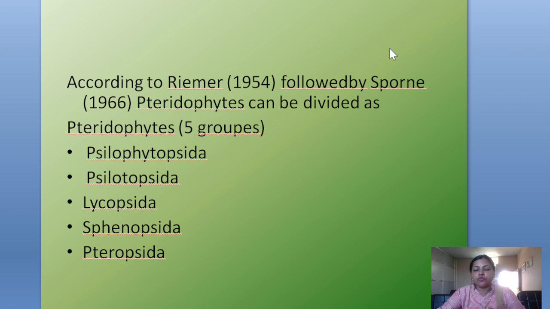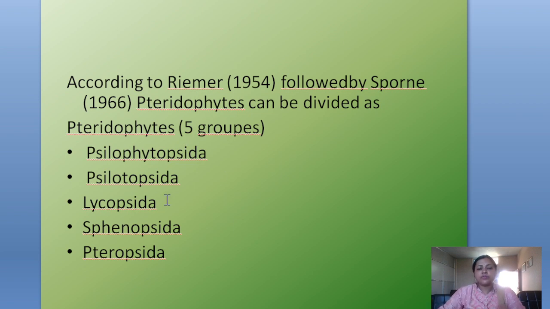I am following the Reimer classification, which is also supported by Sporne. It is a very easy classification, where we will discuss all the classes one by one. The pteridophytes can be divided into five groups: Psilophytopsida, Psilotopsida, Lycopsida, Sphenopsida, and Pteropsida.